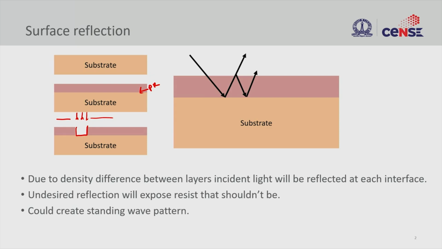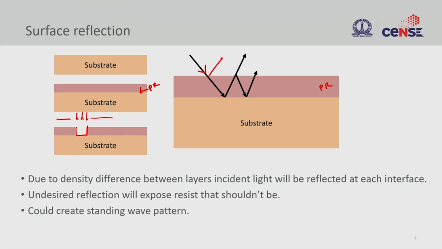So in all three cases, you have a light beam coming onto the photoresist. On the right side image, we see a ray model of different transmission and reflection. This is an example of a ray that is coming in, going through the photoresist, and you're trying to expose the photoresist through this beam.